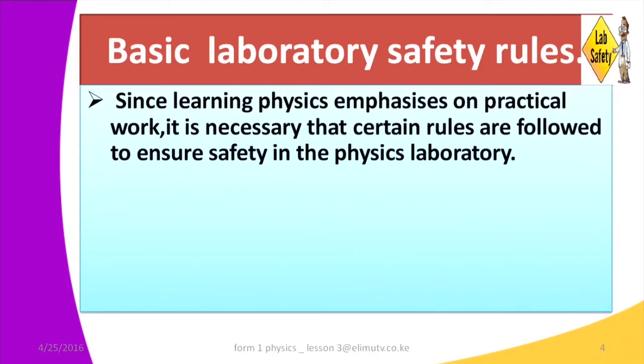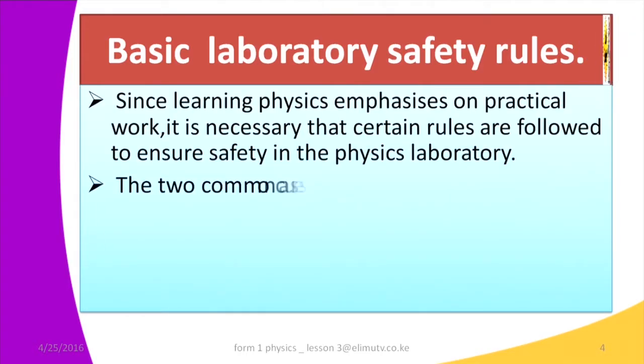So whatever equipment you are using, you have to be very keen when it comes to your safety. All activities within the physics laboratory should be observed, and the reason is to minimize accidents in the laboratory.